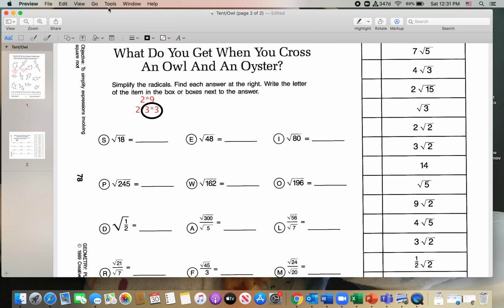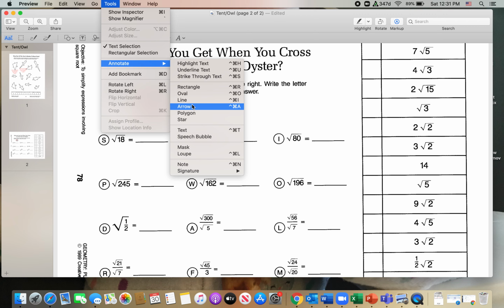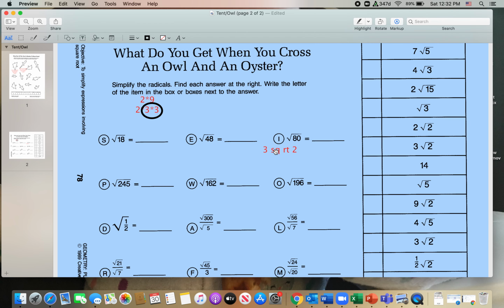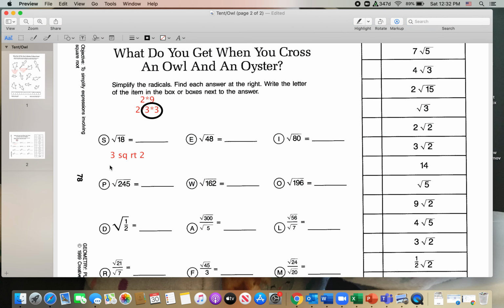So we end up with an answer that is 3 for the pair of 3s, and then square root, and then the lone 2 stays under the radical sign. Maybe you can say it more properly, but this is how you say it: 3 square root 2.